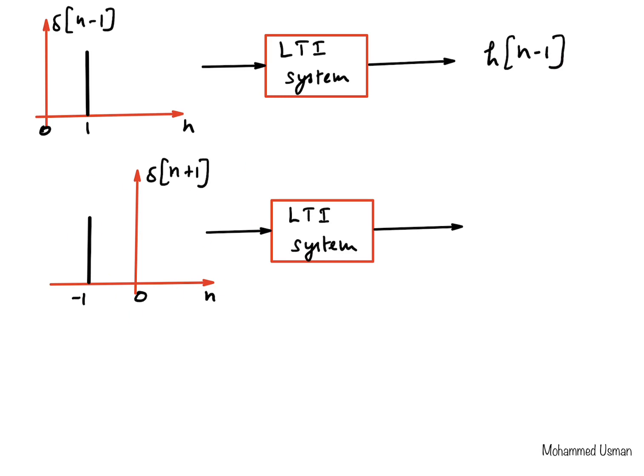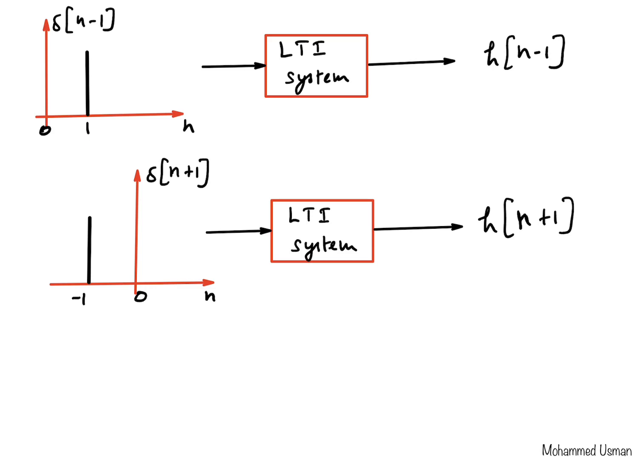And in the third case here, we have shifted the input to the left by 1, so it is an impulse at n equal to minus 1, so that's delta of n plus 1. In that case, the output of the system is the impulse response shifted to the left by 1, that's h of n plus 1.